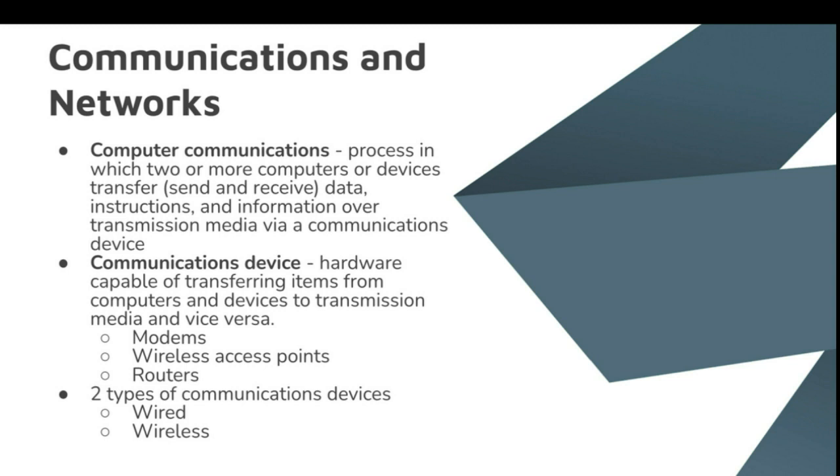A communications device is hardware capable of transferring items from computers and devices to transmission media and vice versa. Those include modems, wireless access points, and routers. There are two types of communications devices: wired and wireless.